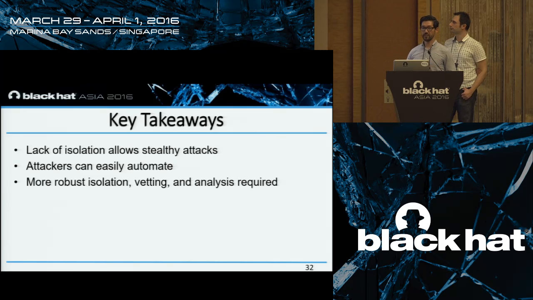As a final takeaway, we really need a combination of robust isolation that hopefully will be forthcoming in a future process-isolated, electrolysis-enabled Firefox version with a modern extension architecture. Hopefully we will have better vetting, because these isolation techniques help, but they don't solve the entire problem.